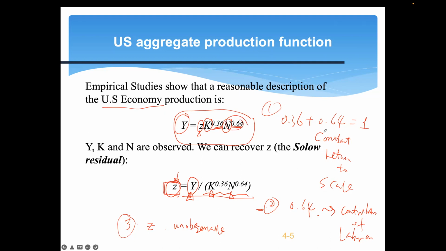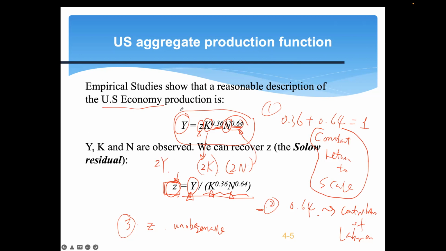Let me say a few words regarding constant return to scale. What this means is, for example, if we double K and we double N, and you plug this into the formula, you can immediately see that Y is going to double.